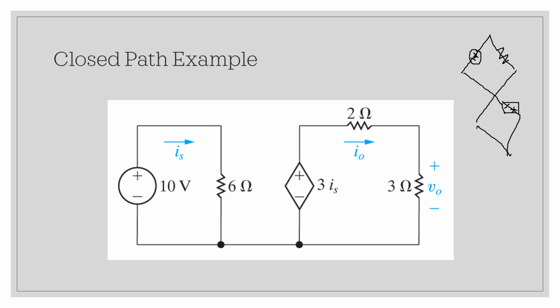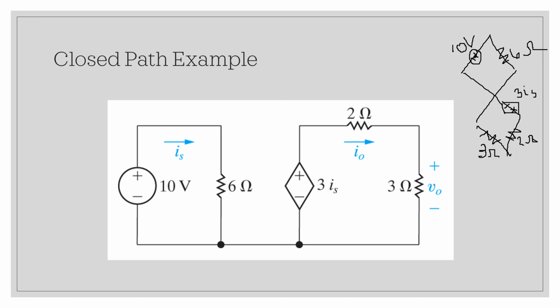And then we'd have the 2 ohm resistor, and then the 3 ohm resistor. And this would be the 10 volt source, and this would be the 3IS dependent source.